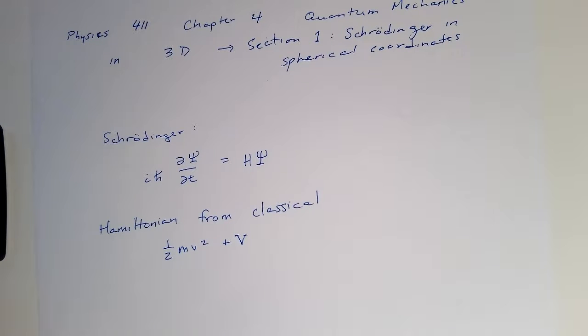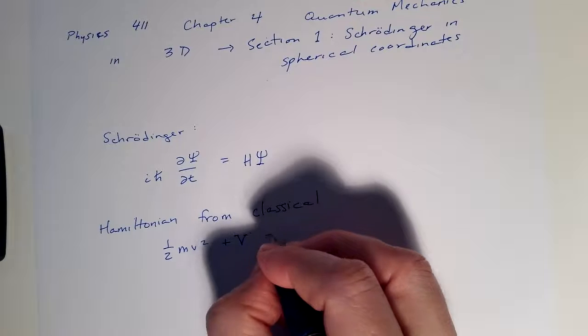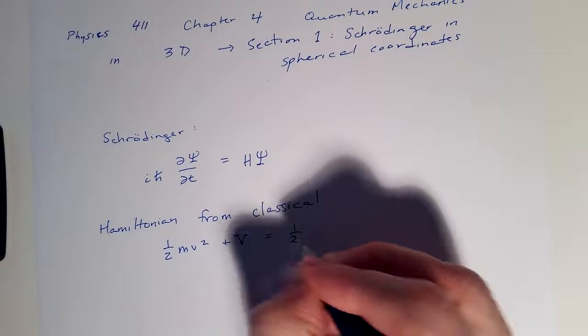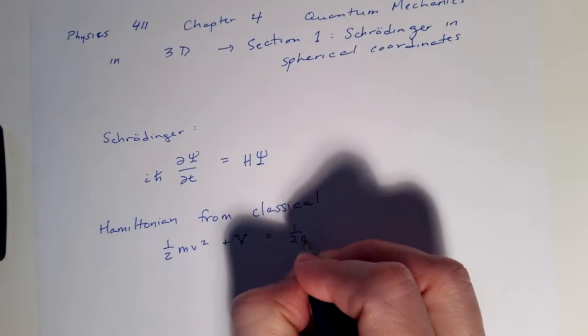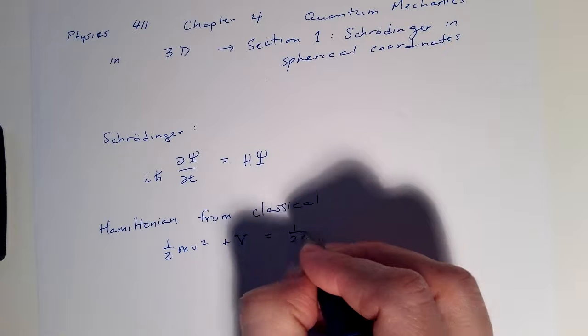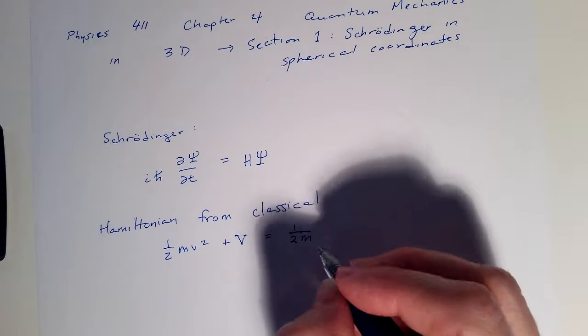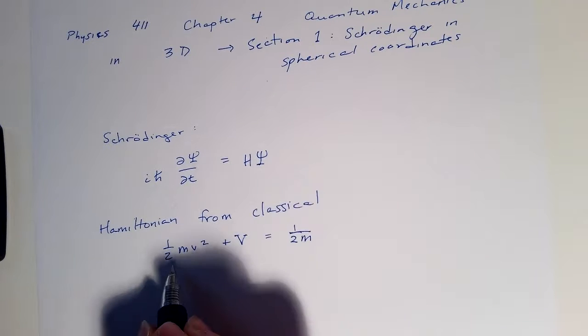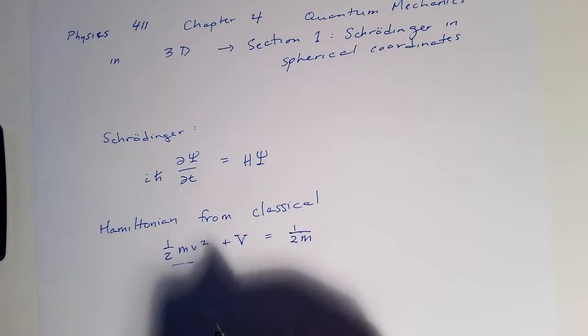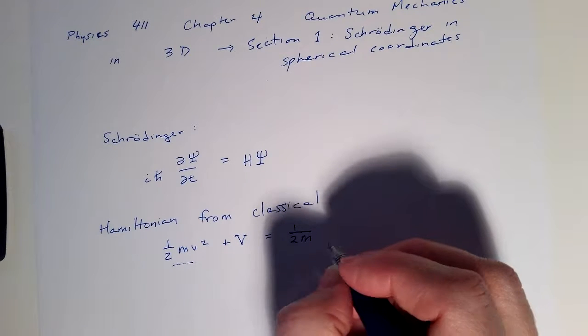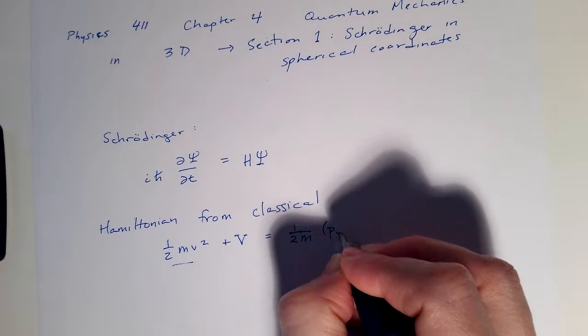In terms of our functions that we've been using in our quantum mechanics, instead of writing our kinetic energy like this, the 1/2 mv squared, we're going to write it in terms of our momentum.